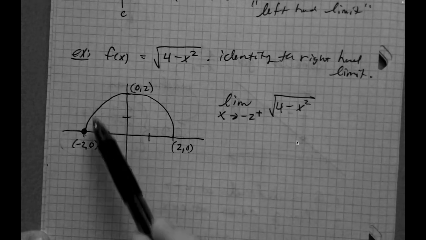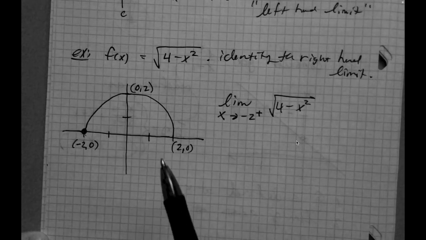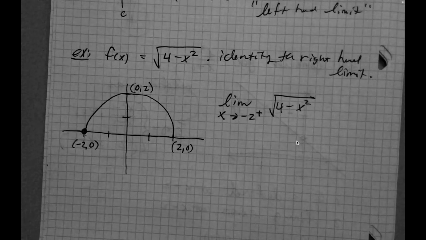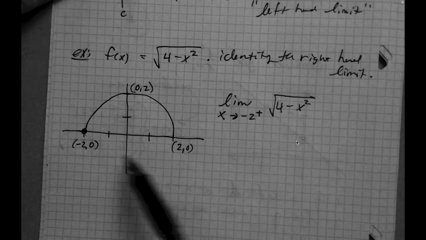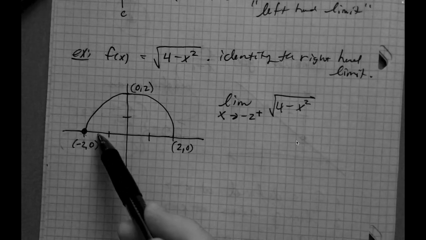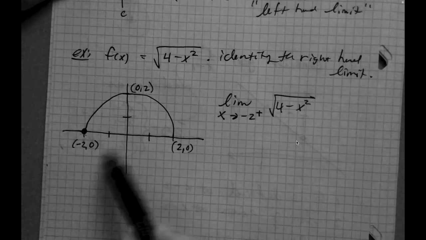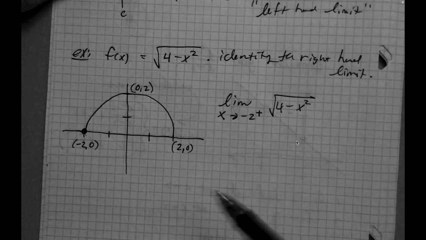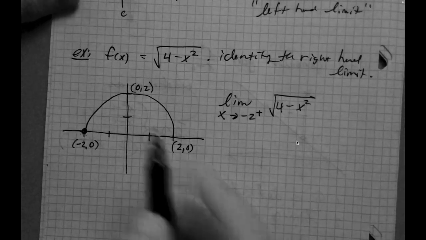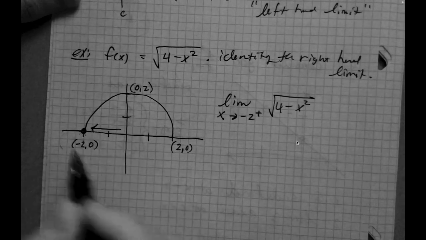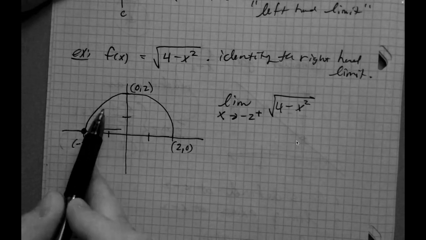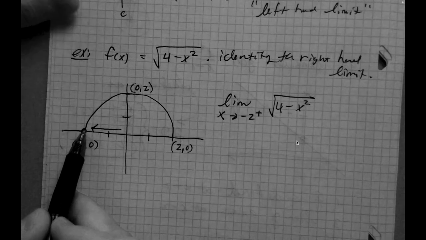Kind of what's the limit at the left-hand side of the domain, which normally doesn't make sense in the context of a normal limit, because you have to have an open interval around the limit point. But in the case of a one-sided limit, it's perfectly reasonable to ask what happens to the value of the function as we get infinitely close to x equals negative 2, and specifically from the right-hand side. As we traverse the x-axis and get closer and closer to this point, what happens to the value of the function?